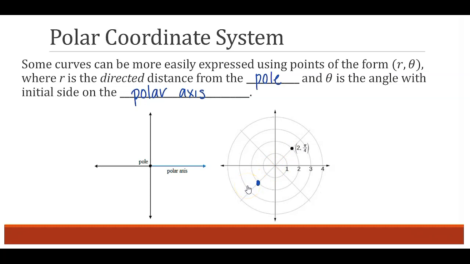So down here, I would label my coordinate point. This is -2, but still positive pi over 4. So first we would go to the angle pi over 4, and then from the pole we would travel 2 units away from the pole to establish my directed distance of -2.